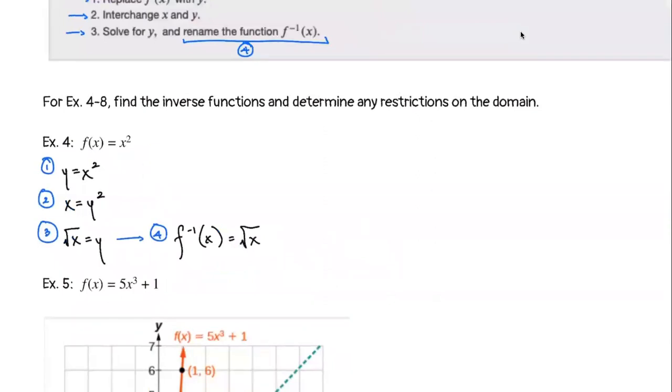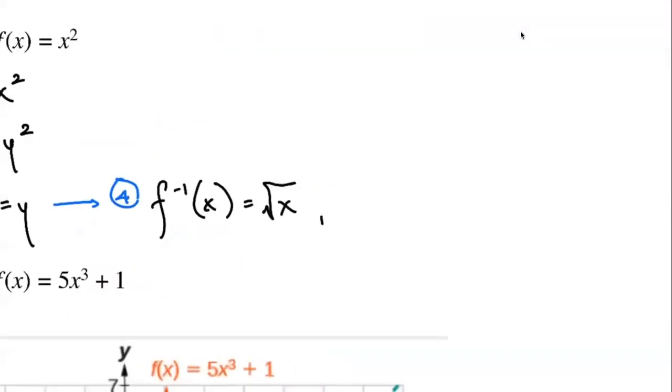That part's usually not too bad, but we really need to think about this last part, which is let's determine any restrictions on the domain. And so what I mean by that is now that we look at our inverse function, what restrictions do we have on this domain? All right.